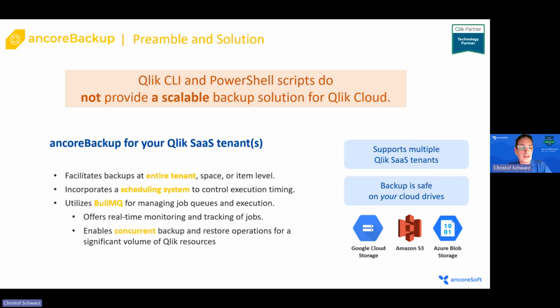So what we did with the vision to, at the end, back up the entire Qlik SaaS tenant, not only apps, but all that is on your tenant, from AutoML to automations to connections, extensions, license assignments, everything needs to be able to be downloaded on your own cloud drive.